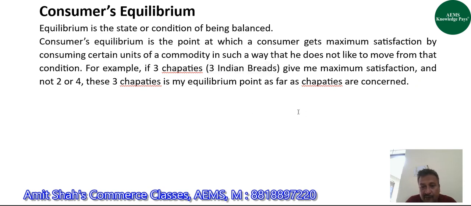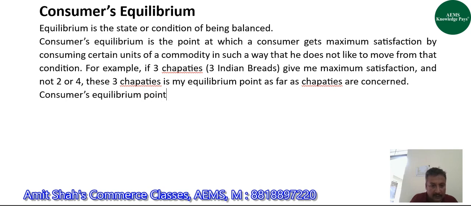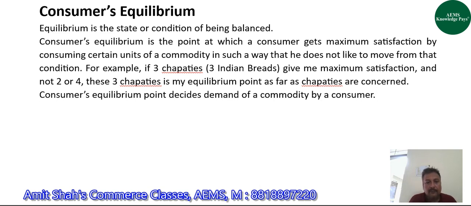So every individual demands a commodity based on his equilibrium point. Consumer's equilibrium point decides demand of a commodity by a consumer.